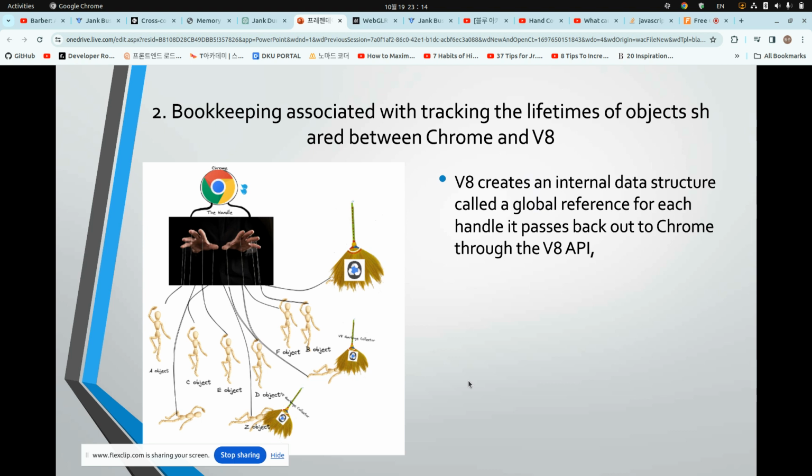But V8 creates an internal data structure called a global reference. These lines are global references, and it tracks them. But if there are a lot of objects and the GC comes and takes really long, that could result in jank.